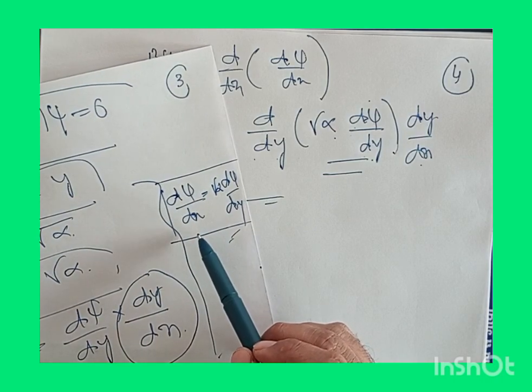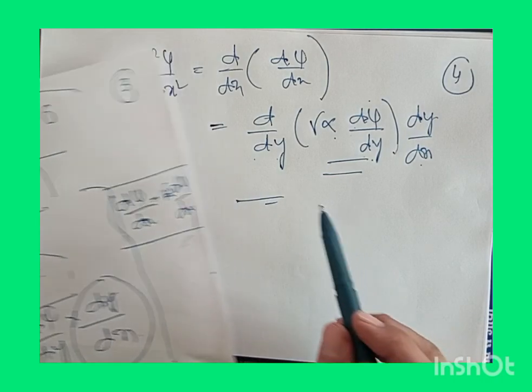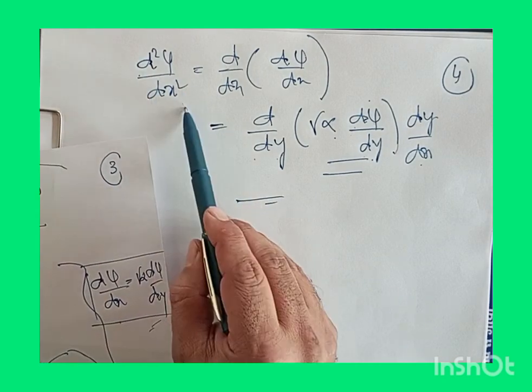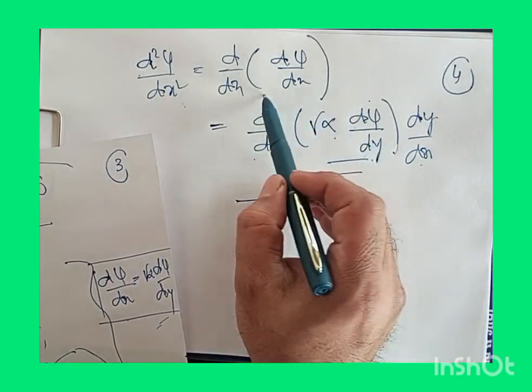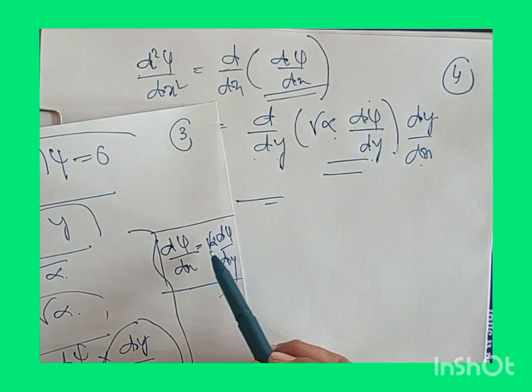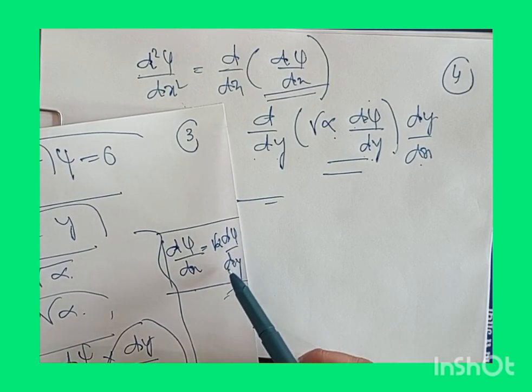For d psi by dx, what I started from, I'm taking the double derivative of this, and for this I am taking under root alpha d psi by dy.